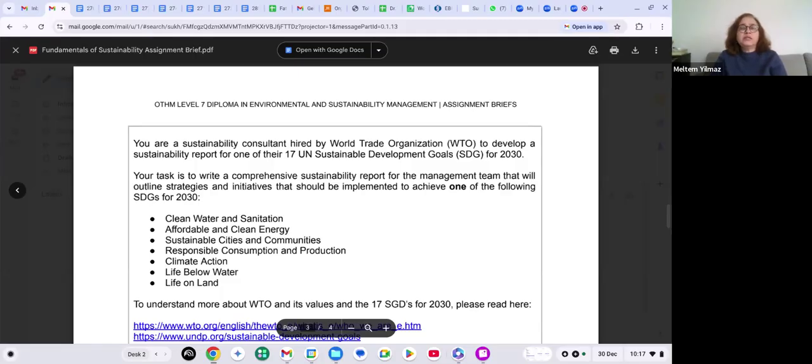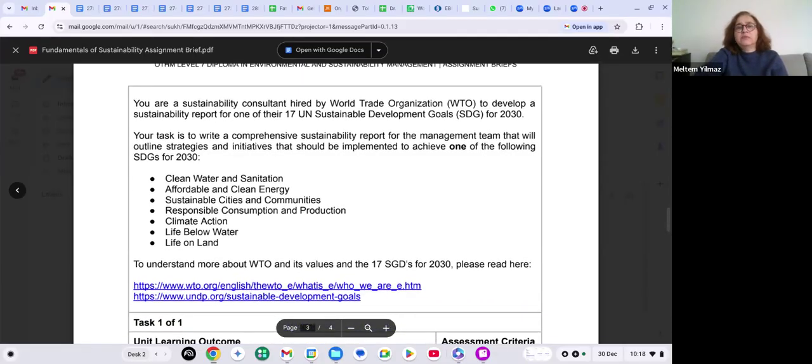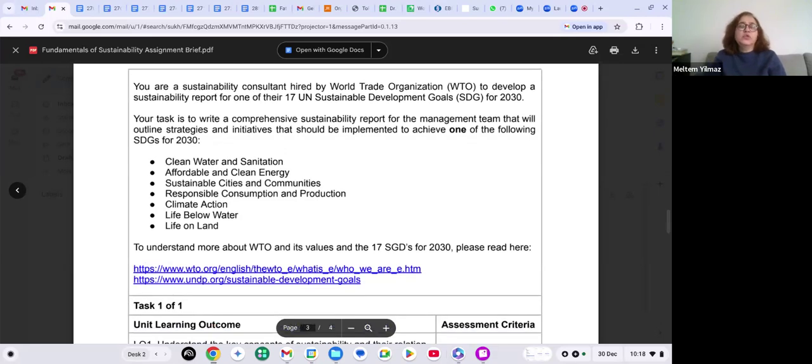There are not all of them, of course, but one of the following you should focus more on, and all these initiatives should be achieved by the World Trade Organization finally in 2030.